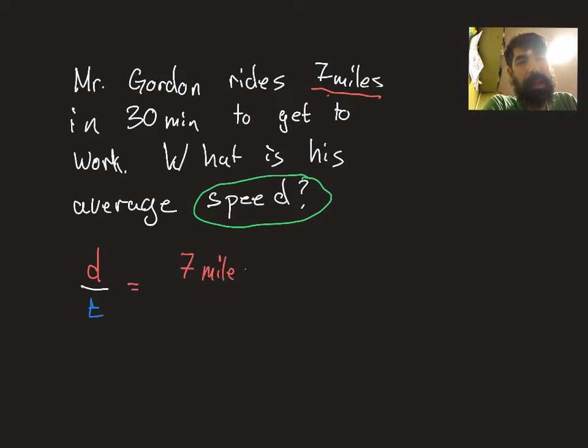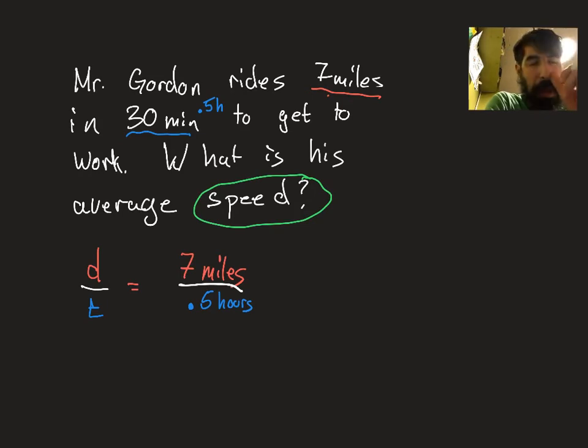miles divided by my time, that was 30 minutes. That's like 0.5 hours, half an hour. So I know I have miles per hour, so I just have to divide 7 by 0.5. I could use a calculator.